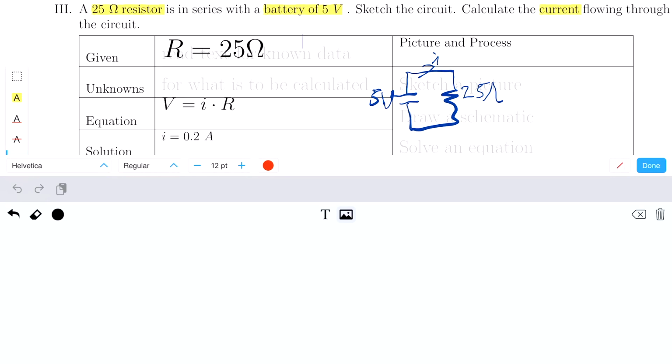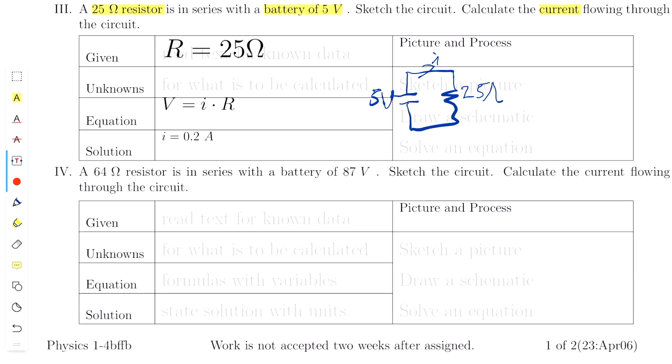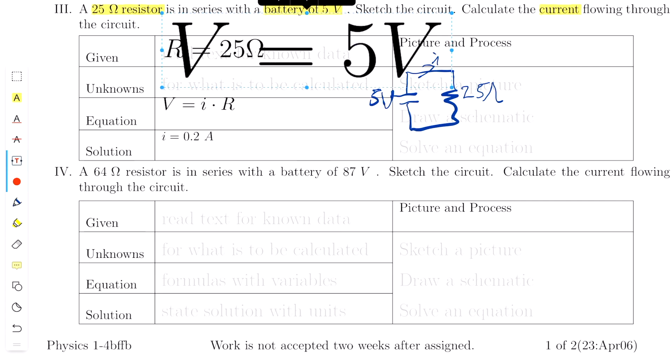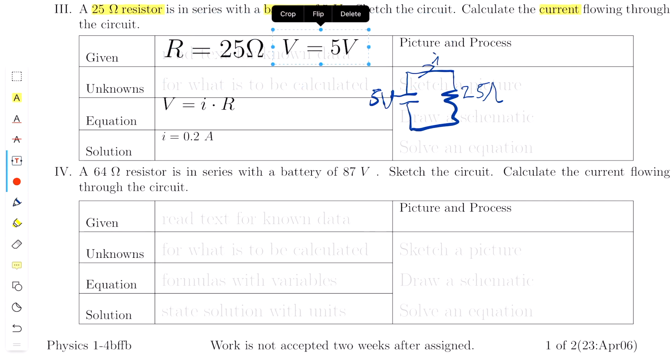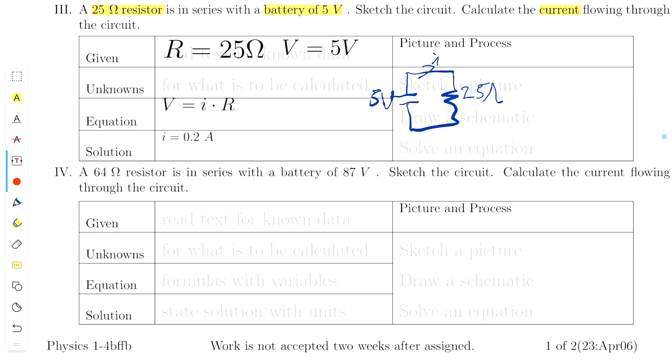And we have a battery, which we call V, of 5 volts. Sometimes you'll see the battery with a fancy E. I'm just going to call it V here because it doesn't matter what letters you give it. It doesn't matter the variable names. All that matters is that we understand. The only complication here is that we have 2 V's. One V is the variable for the battery. The other V is the units that we measure the battery in.